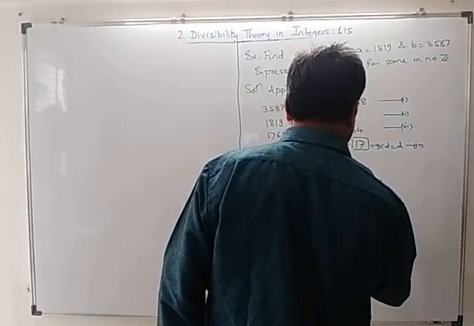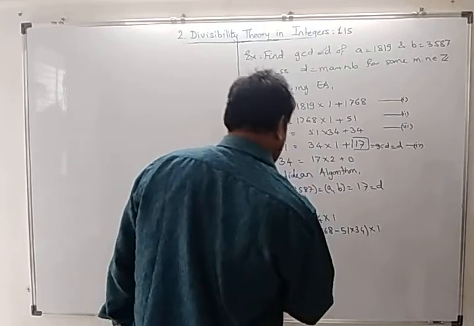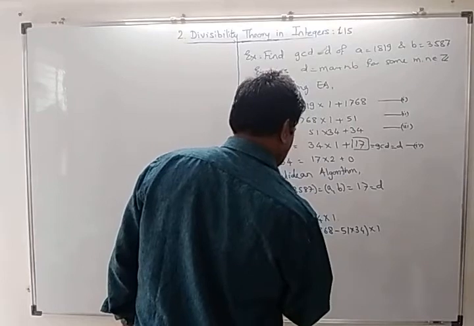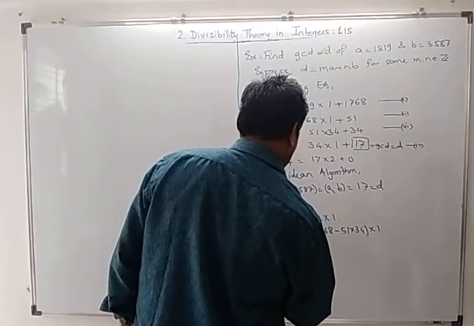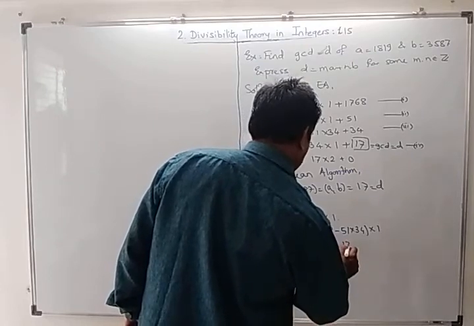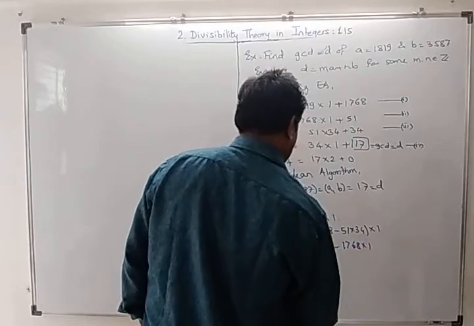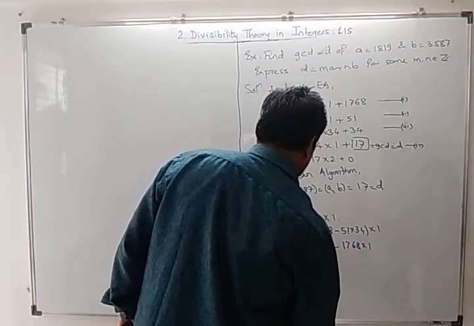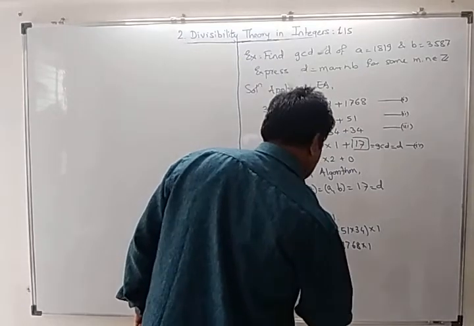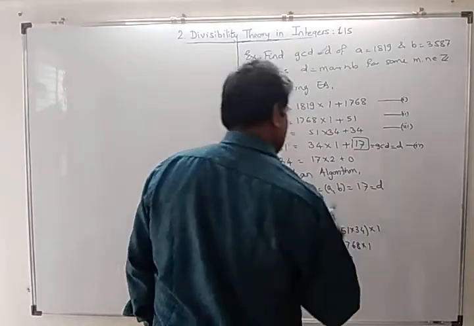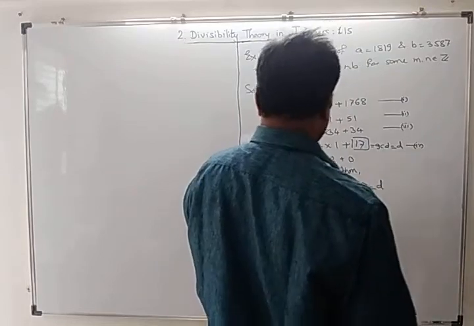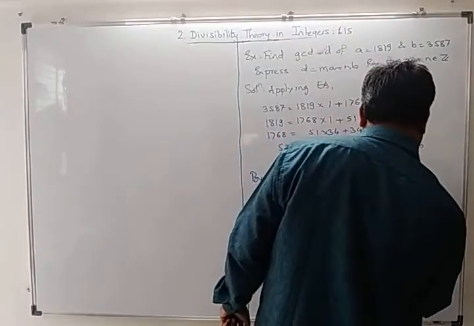So 51 into (1 plus 34 minus 1768 into 1, so we'll get 51 into 35 minus 1768 into 1.